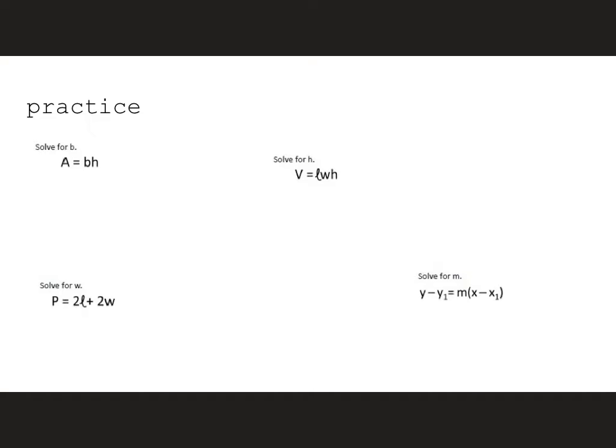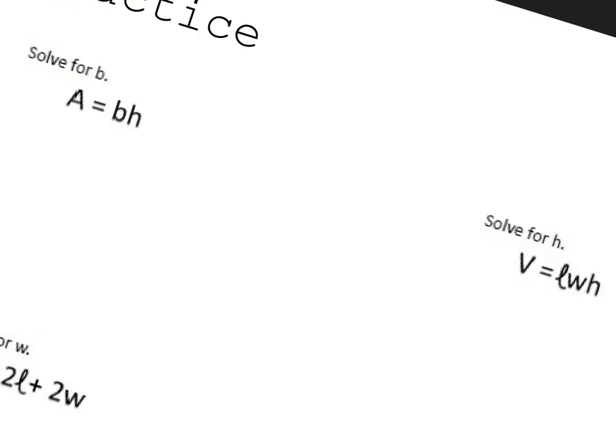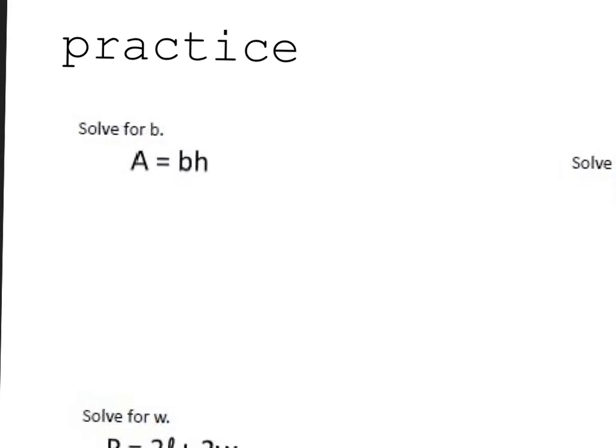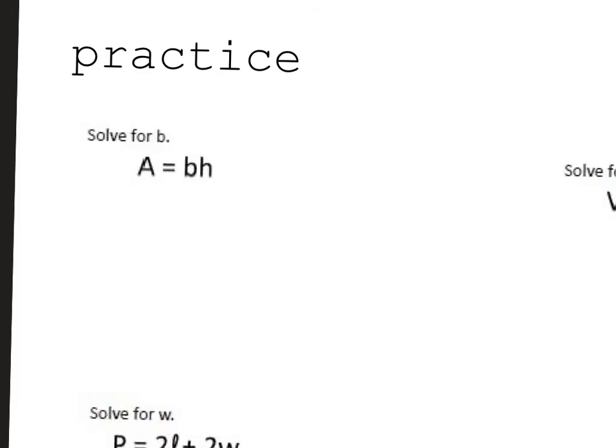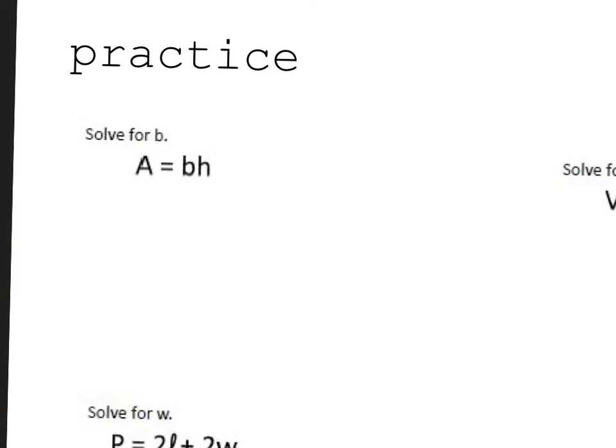So we're just going to practice. The thing with literal equations is that it's always going to tell you to solve for something, to highlight an area of interest. In this case, we need to solve for B. So when we solve for something, we get it alone, right? We know that.